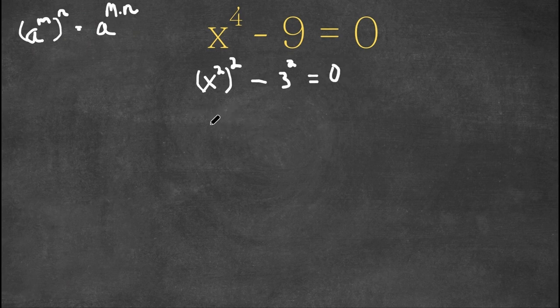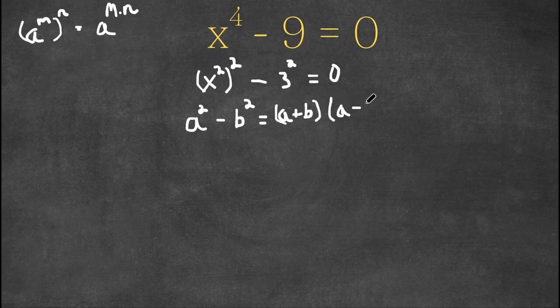Now, an important expression that we have is a squared minus b squared. If you guys didn't already know, a squared minus b squared is equal to a plus b times a minus b.